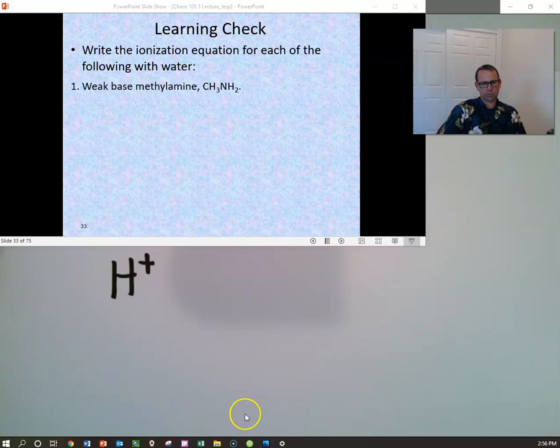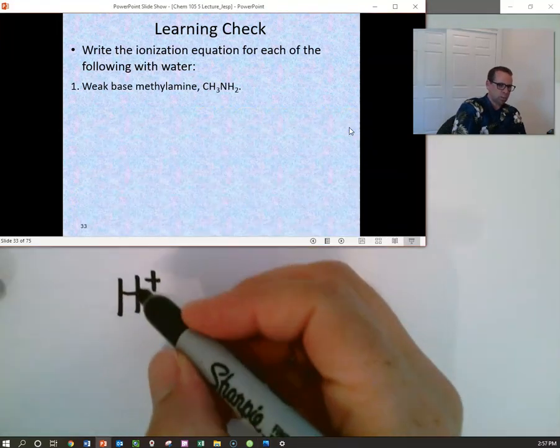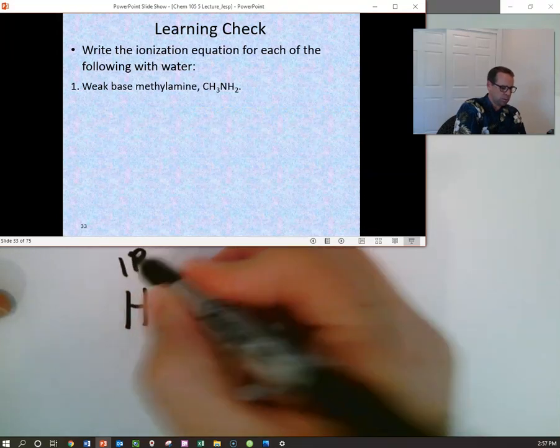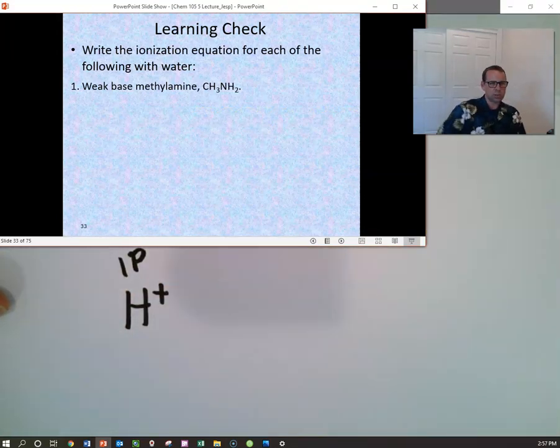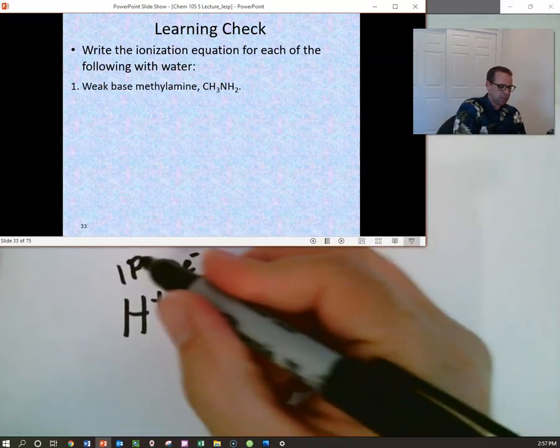Hydrogen has 1 proton. But the plus sign shows us that it has done something different with its electrons. How many electrons does a hydrogen ion have? The plus sign means it lost that electron, right? So it has no electrons. 1 proton, but 0 electrons.